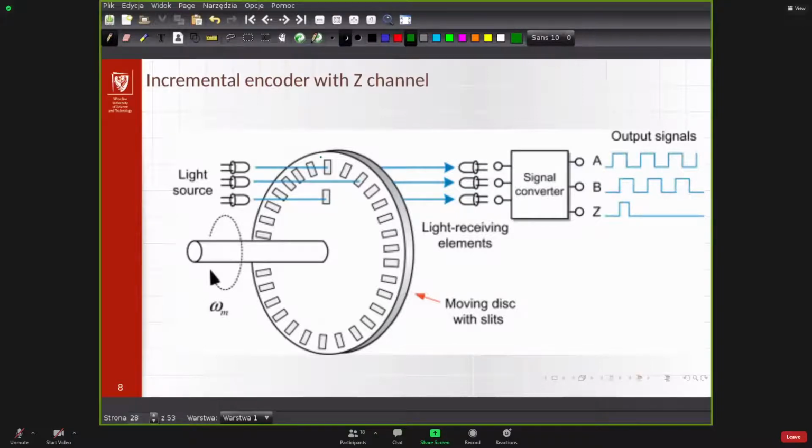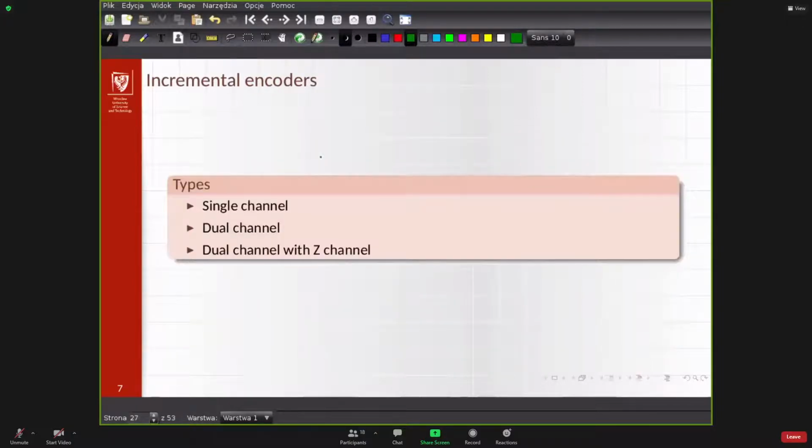If you have the 2-channel input, it usually means that the input is shifted a little bit. So these diodes are a little bit shifted with respect to each other, and so they are not on the same radius.